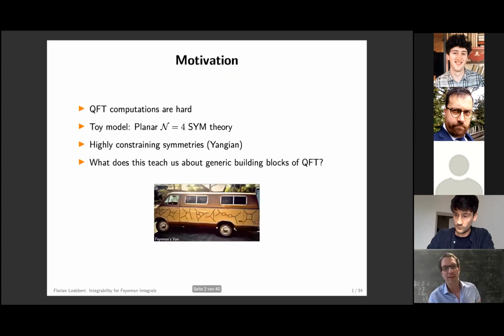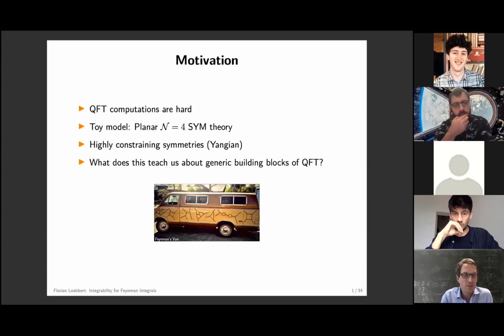So the motivation for what we are looking at is that, as many of you probably agree, QFT computations are generically hard, or quickly become hard if you go to higher loop orders or look at, for example, amplitudes with a large number of external legs. Our favorite toy model is, of course, N=4 Super-Yang-Mills theory, where many things simplify.